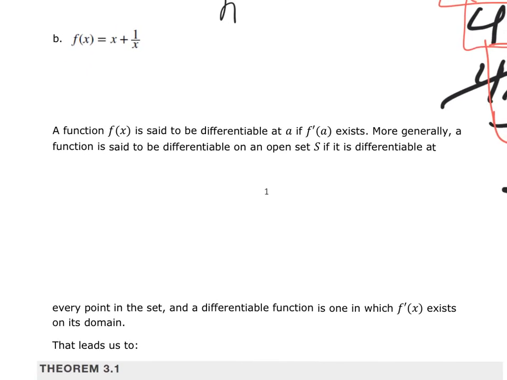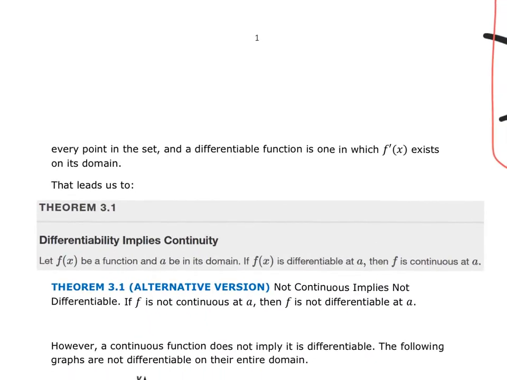So now we're going to talk about what it means to differentiate. If we say it is differentiable at some point a, then f prime of a must exist, okay? If we say it's differentiable on an open set, that means it's differentiable at every point in that set.